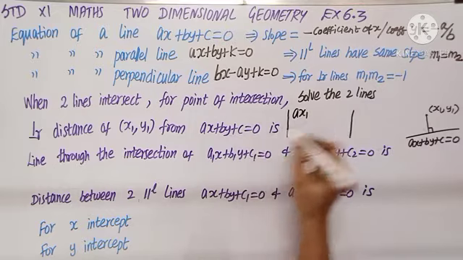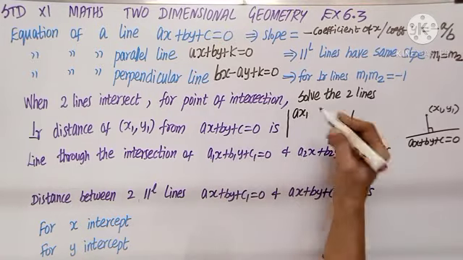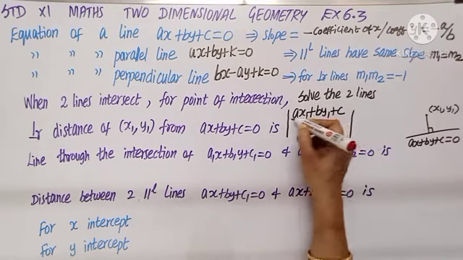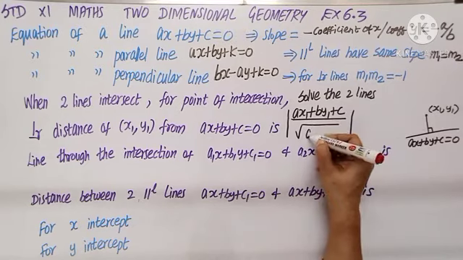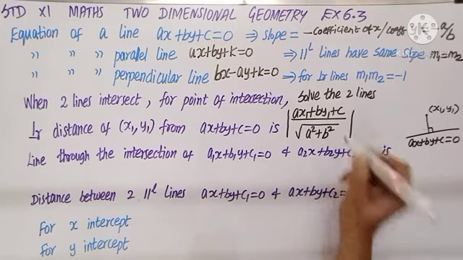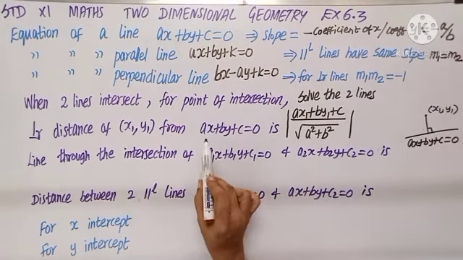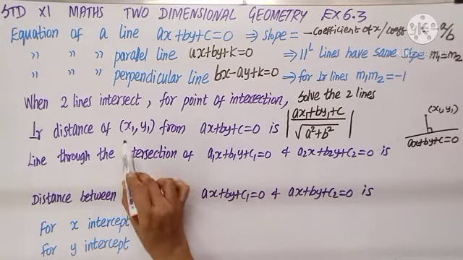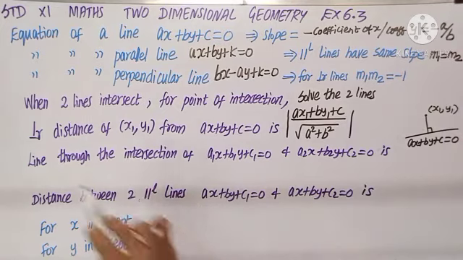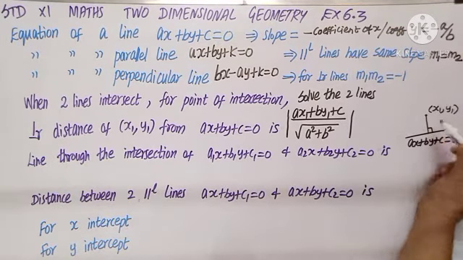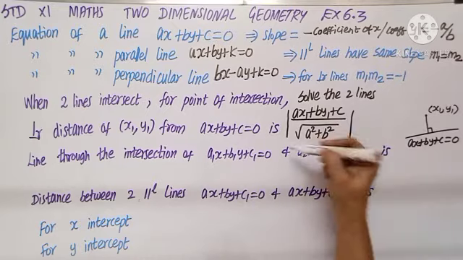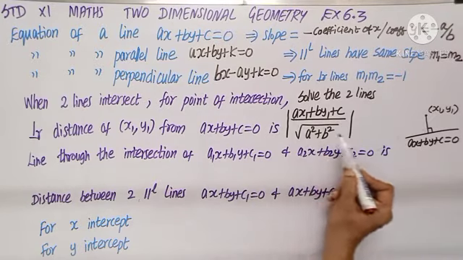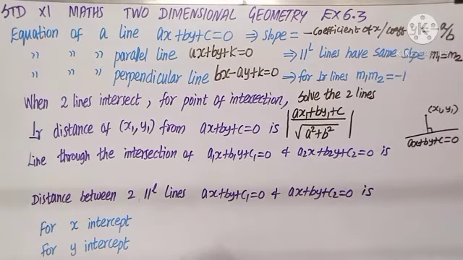Wherever x, y comes, put x1, y1: ax1 plus by1 plus c by root of a square plus b square. Given the equation ax plus by plus c equal to 0 and the point x1, y1, the perpendicular distance of the point from the line is modulus of ax1 plus by1 plus c by root of a square plus b square.